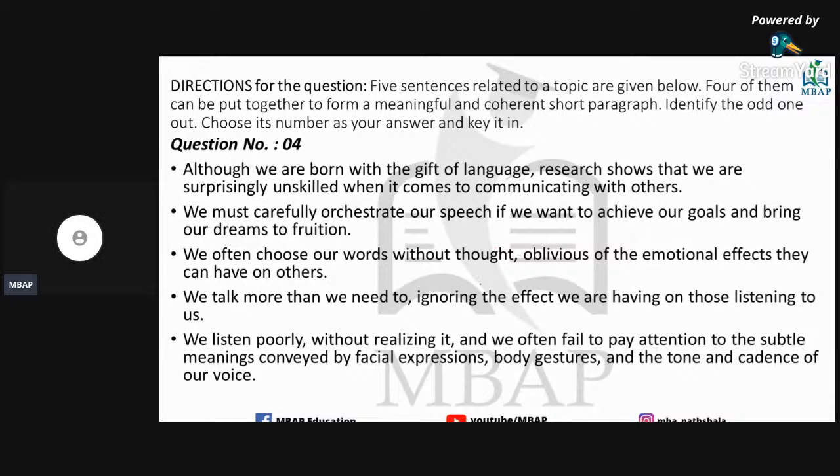Okay, so question number 4. Let's read it. This is our rough work basically. We will mention our final answer in the box over here, which is the odd one out.